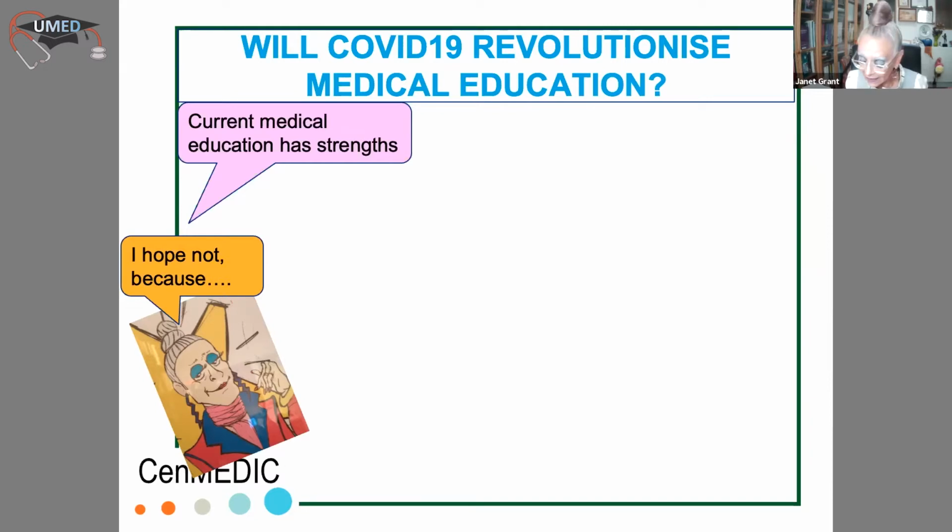Because previous medical education has huge strengths, and teachers have had huge skills in teaching in all sorts of ways. Curriculum committees, educational managers, massive amounts of really great experience and really good practice, in my opinion.